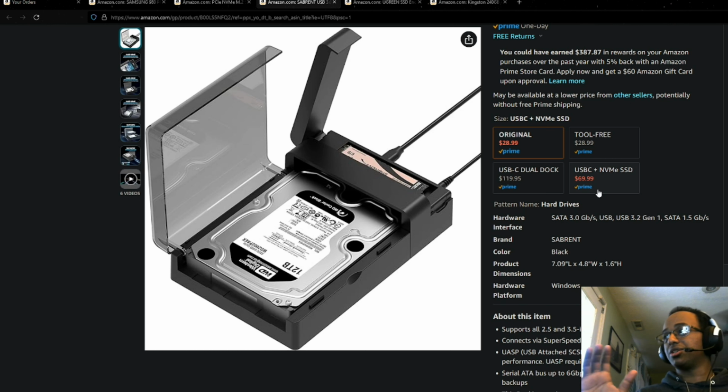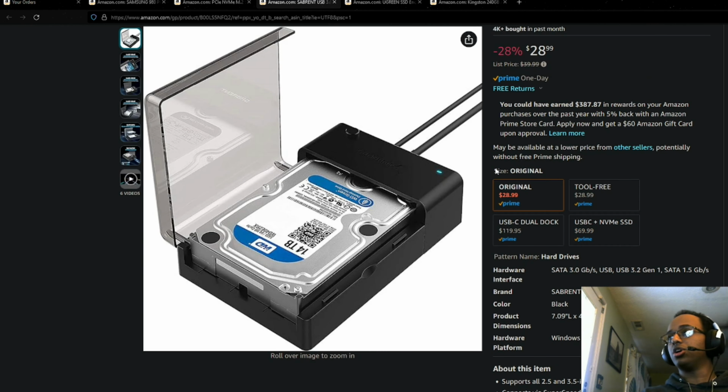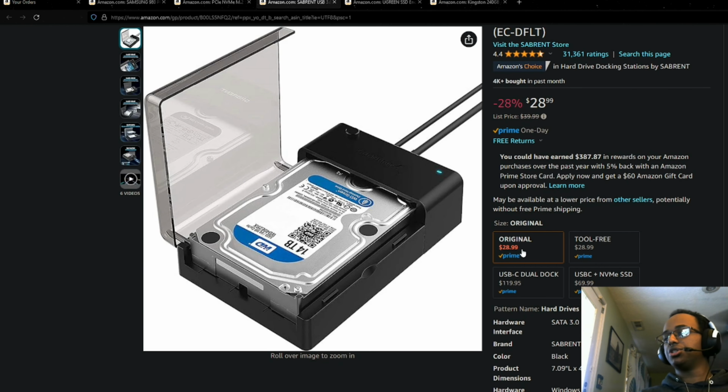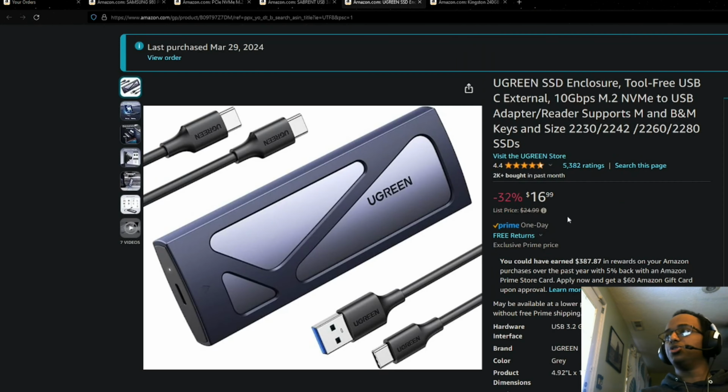But that's $40. And the thing is, you're not going to use this thing every day. So what I recommend is you get the $30 original edition to analyze hard drives, and get yourself one of these Ugreen adapters for $16. That's such a deal, especially for something that you're not going to use all the time, right?